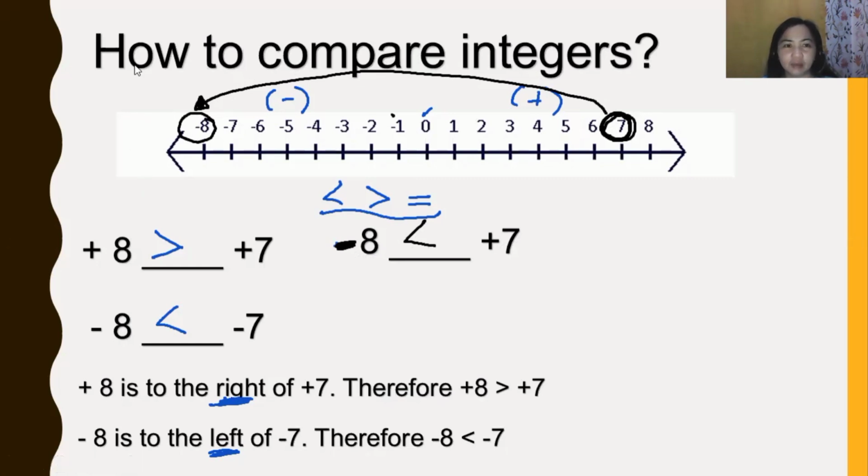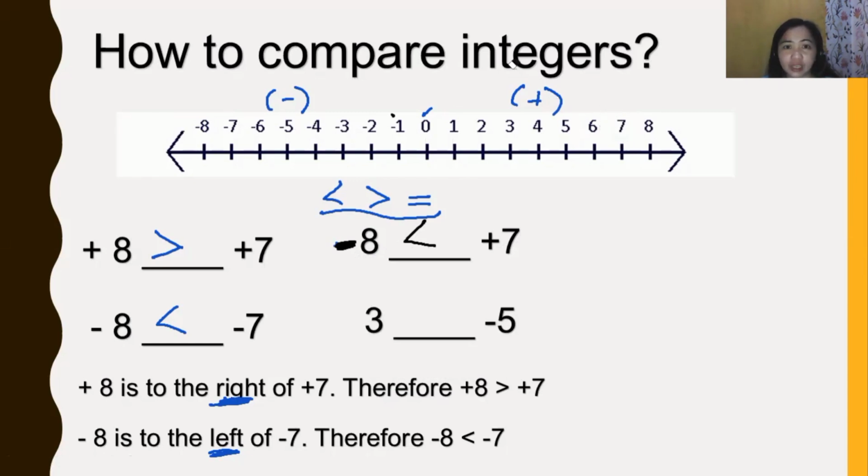Now, let's have another example. We have positive 3 and negative 5. Nasa ng positive 3, ito. At ang negative 5, ito. So, si negative 5 nasa left, ibig sabihin mas mababa siya. At ang 3 ay nasa right, ibig sabihin mas mataas siya. So, 3 is greater than negative 5.